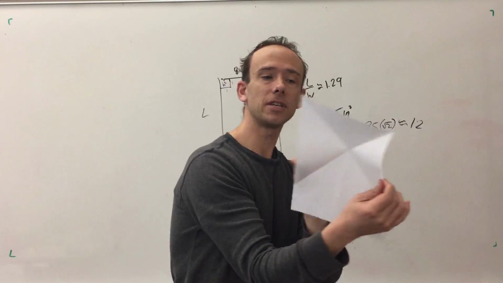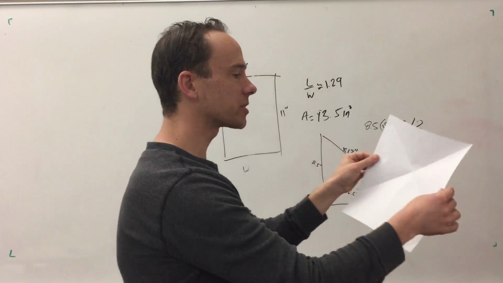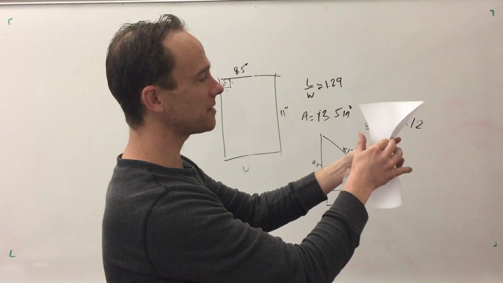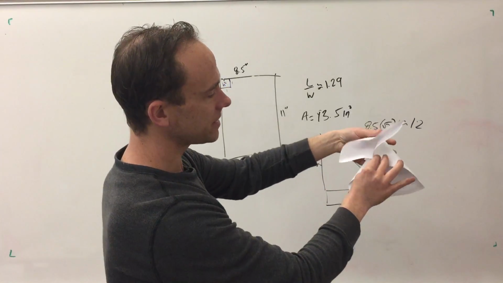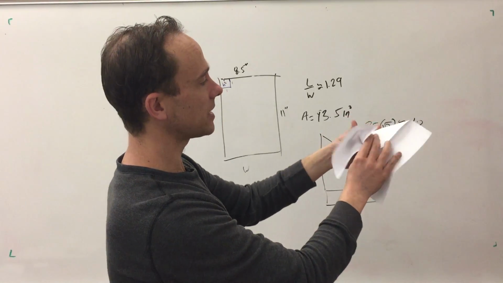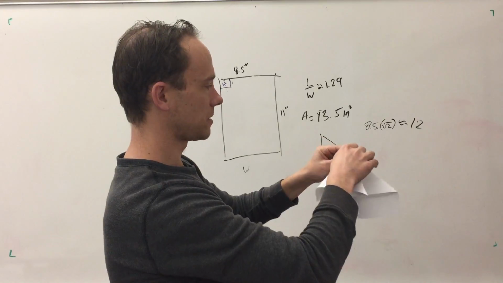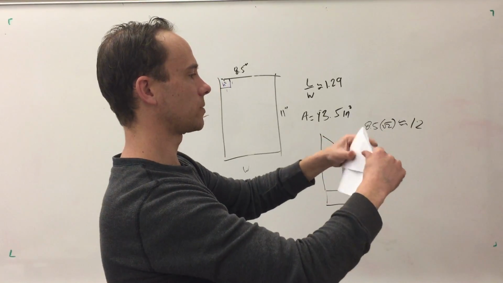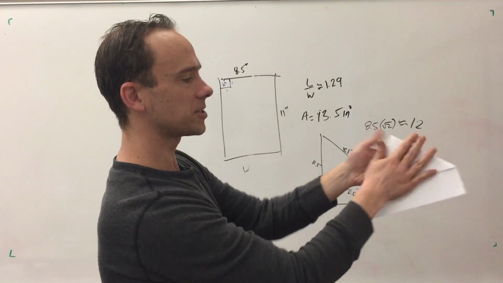Now here's the first little challenging fold we're going to do. We're going to take these sides, push them together, and flatten it down. The sides come in, and we flatten it down. Manipulate the top just a little bit, and we get this shape.